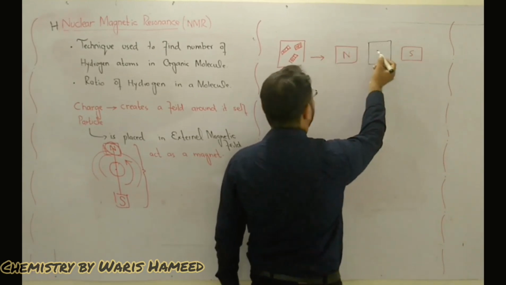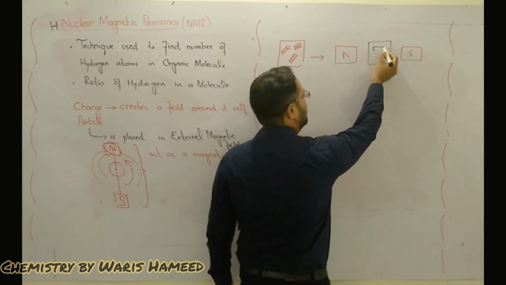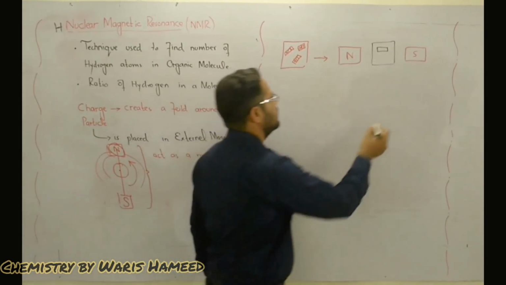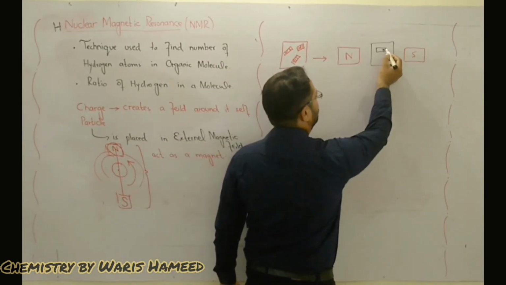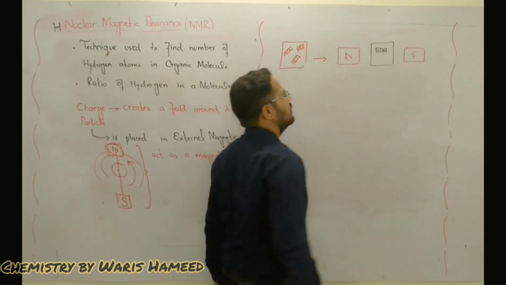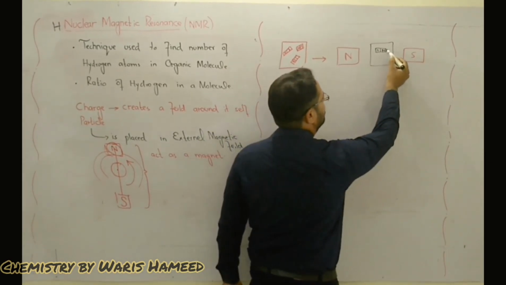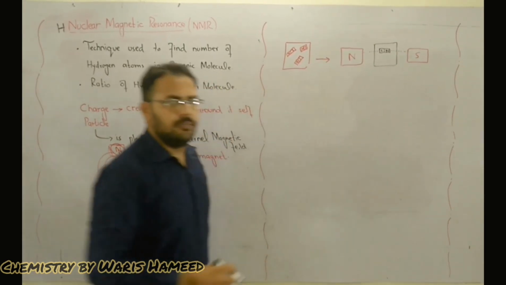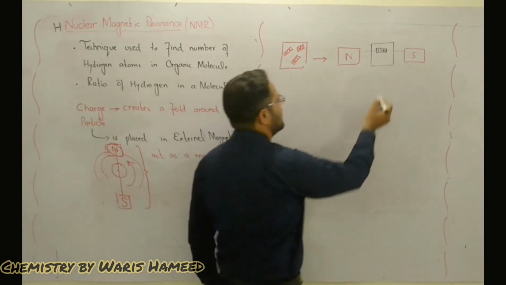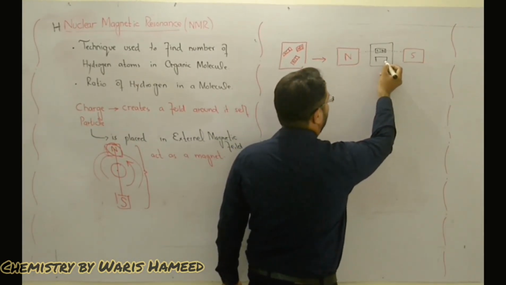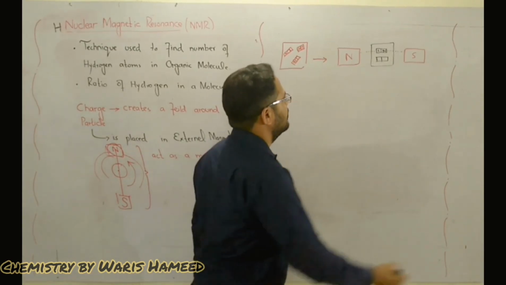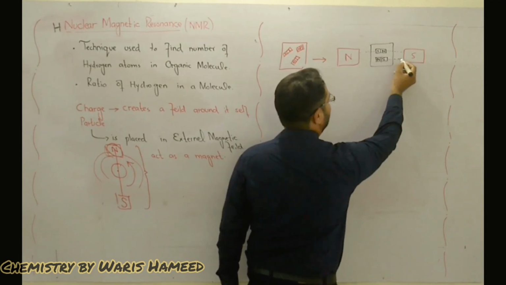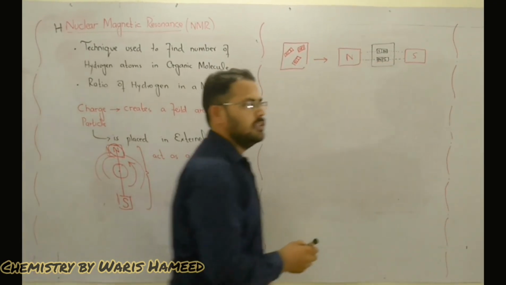What possibilities? First is that the molecules align themselves according to the external field, so this north pole attracts this south pole and this south pole attracts this north pole. And the second possibility is that they oppose the external field, and there will be repulsion between the poles.